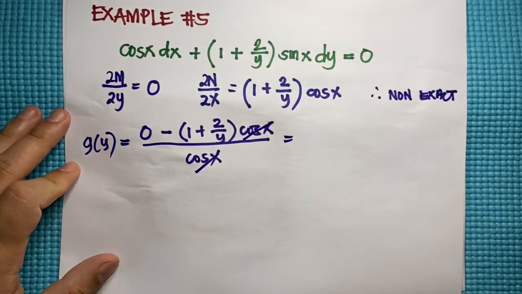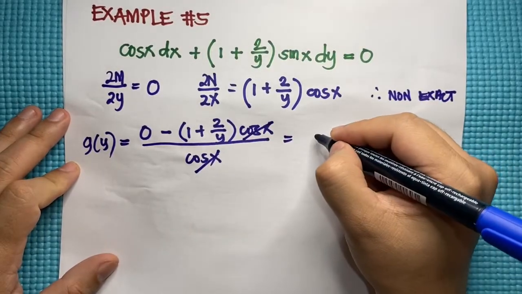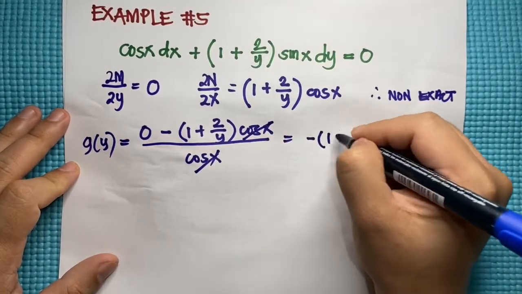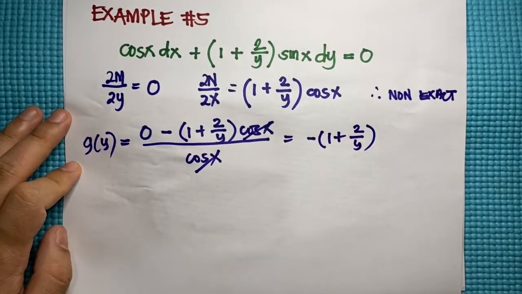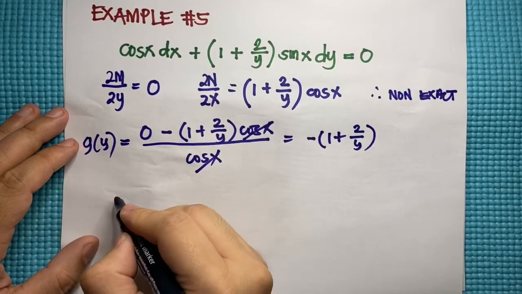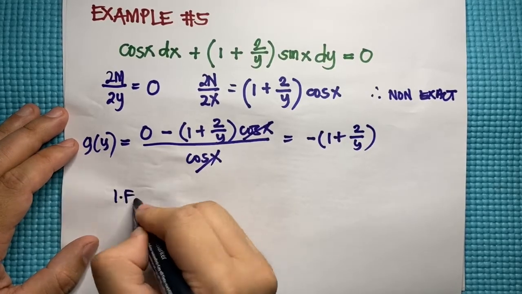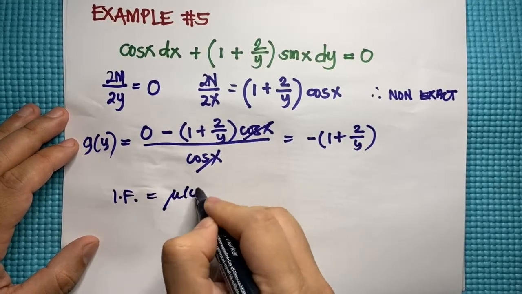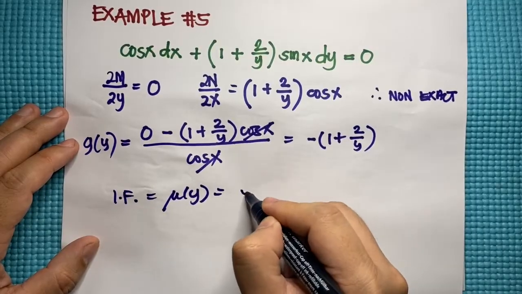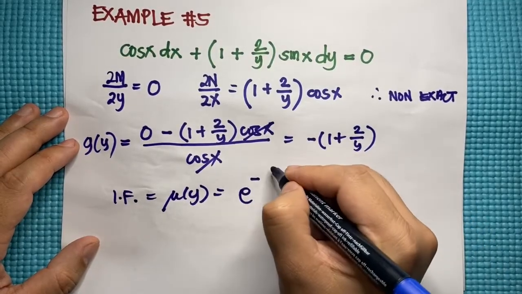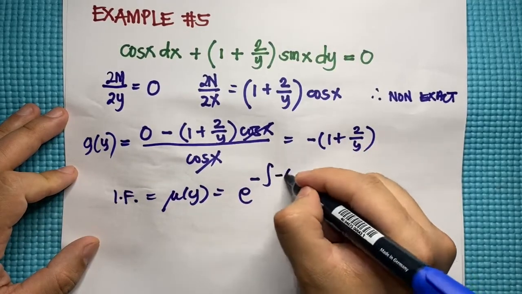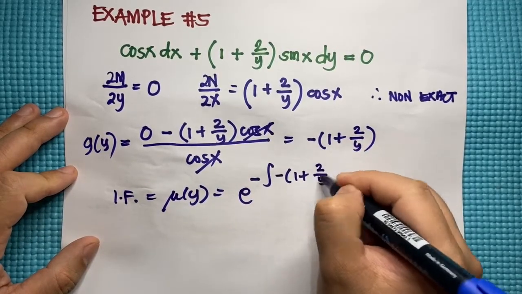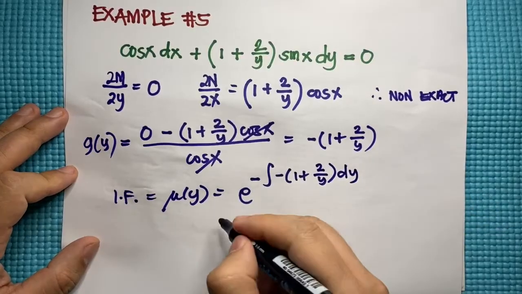So cosine x, leaving us a negative 1 plus 2 all over y. And for our integrating factor, mu of y would be equal to e raised to negative the integral of g of y. Our g of y is negative 1 plus 2 all over y dy.